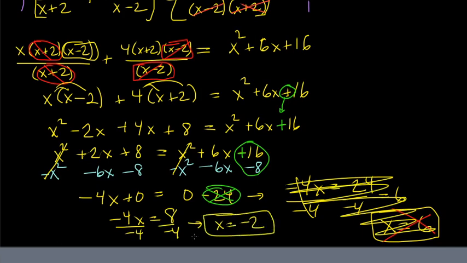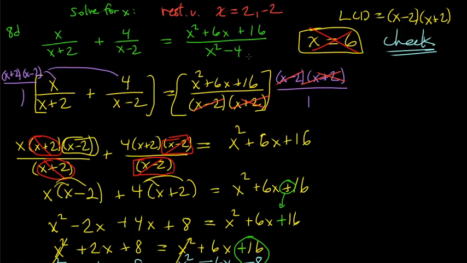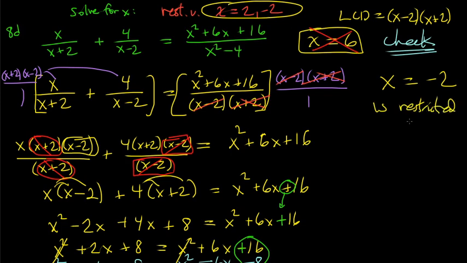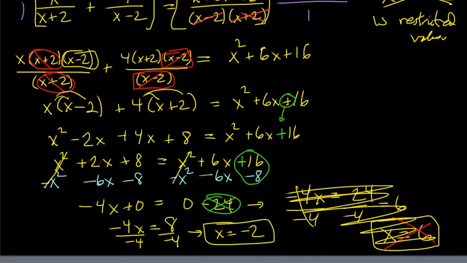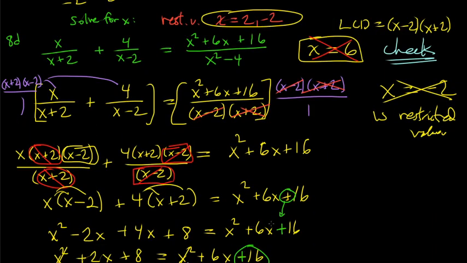Okay, so that's correct, except it isn't, right? Because that was a restricted value. So, yep, we got x equals negative 2, but because it's a restricted value, restricted means it's not allowed. After all that, that's not the answer either. If negative 2 was supposed to be the answer, the 6 isn't, but it's a restricted value, it's not an answer, right?